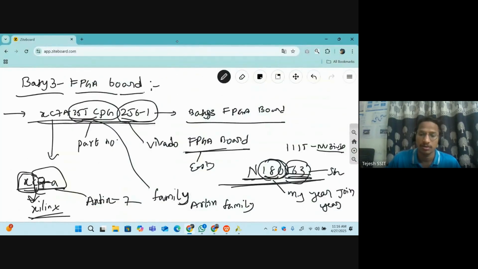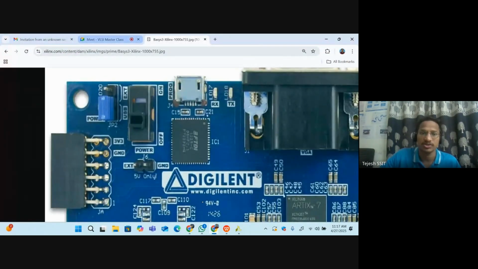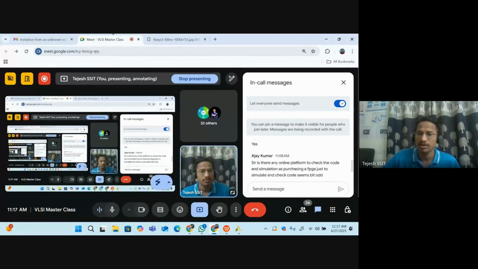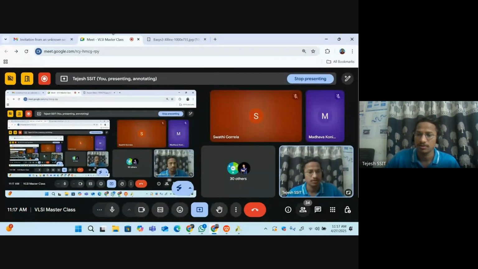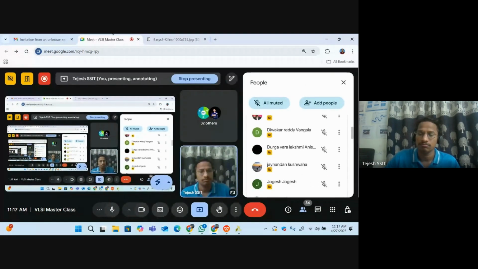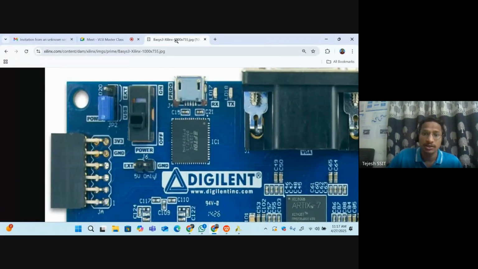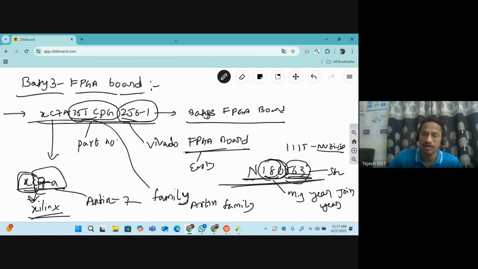Please, does anyone have any doubts? Anyone with a hand raised? Okay. Coming to the basics, this is the cable connection part. Here we are connecting the cable. I will explain it to you.